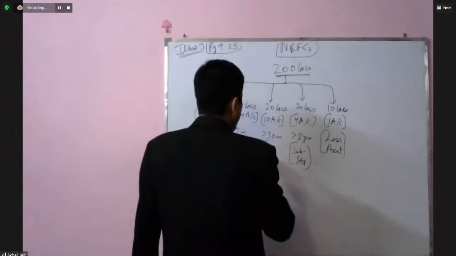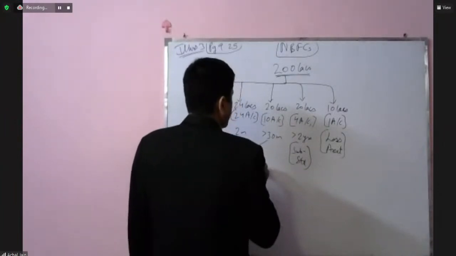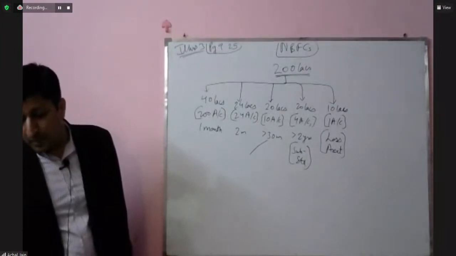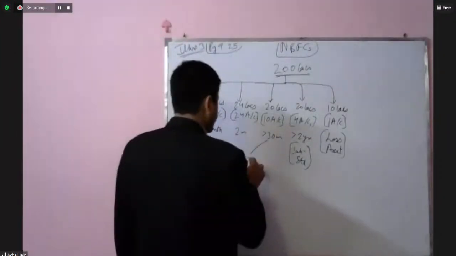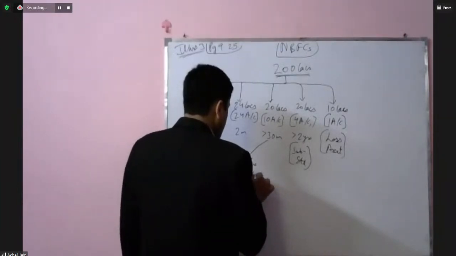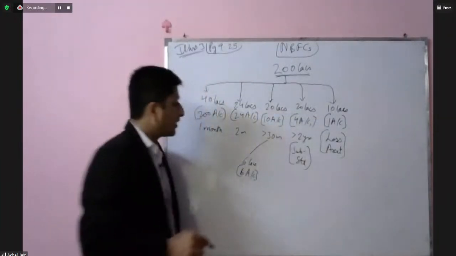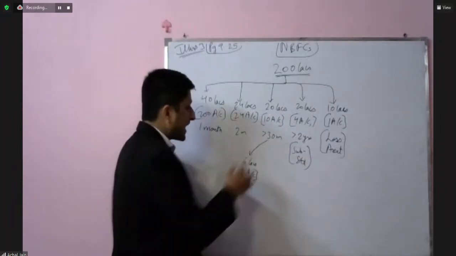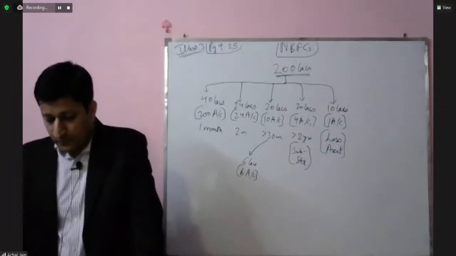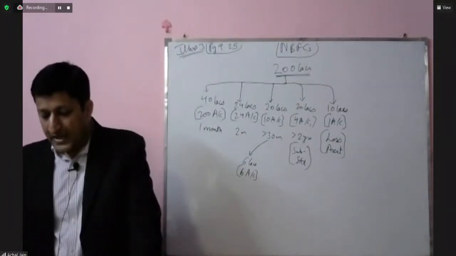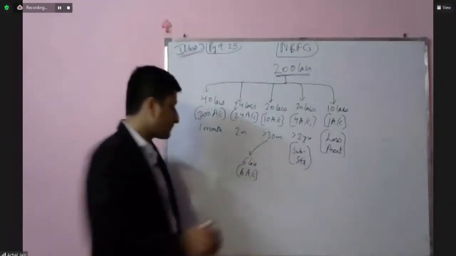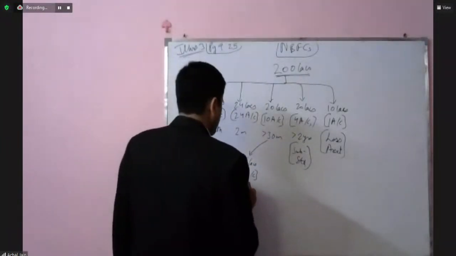That means within this, 6 accounts amounting to 6 lakhs are already identified as substandard for more than 12 months.